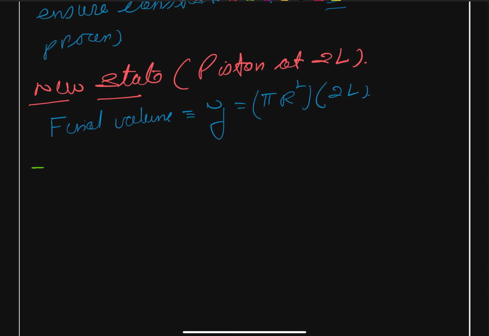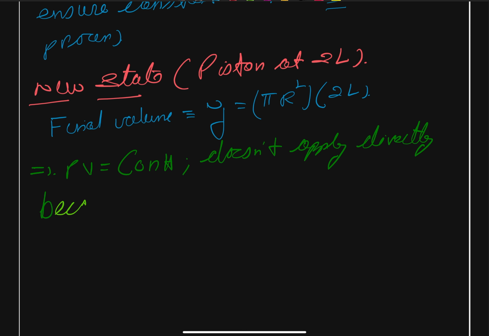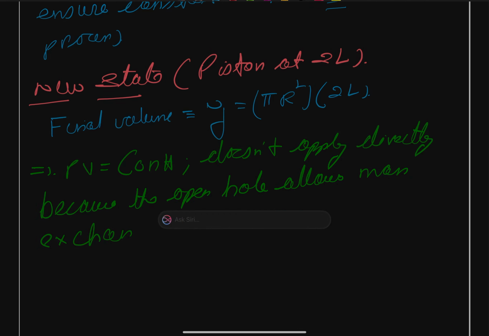So we can say that PV equal to constant doesn't apply directly, because the open hole allows mass exchange.